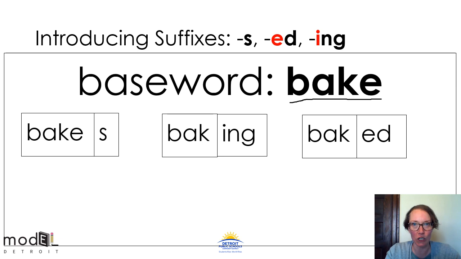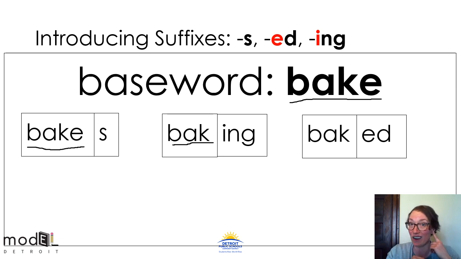Let's take a closer look at the base word and ending. Here I have bake, and then an S is added to make bakes. Wait a minute. When I look here at baking, do you see that? It looks a little bit different. Where did the magic E go?